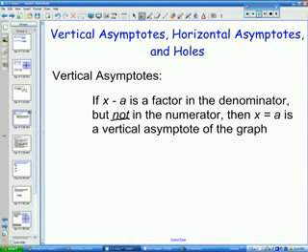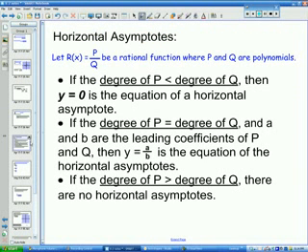Okay, let's look at the horizontal asymptote definition. This is much more involved. For a horizontal asymptote, it says you've got a polynomial p over a polynomial q, and there are all these different rules, and once you get some practice with them, they'll make a little bit of sense. So the first rule is if the degree of the top is smaller than the degree of the bottom.